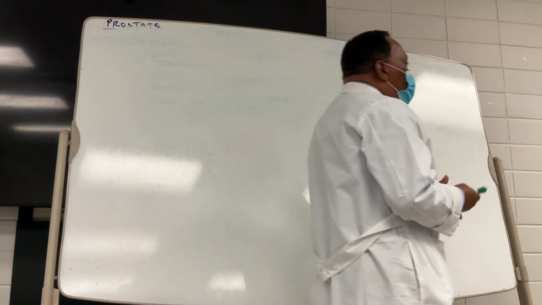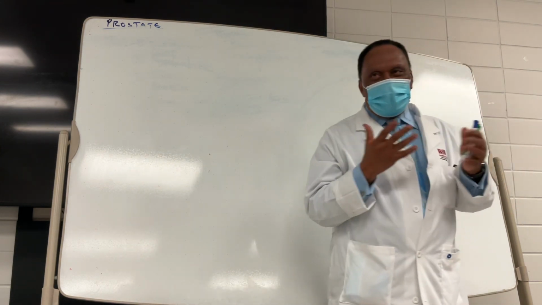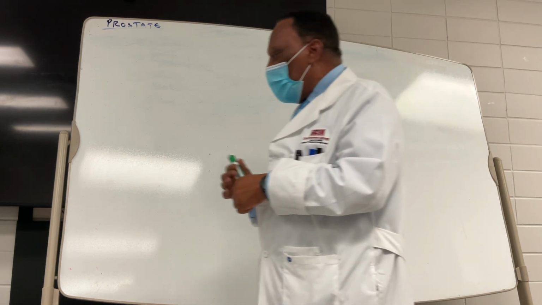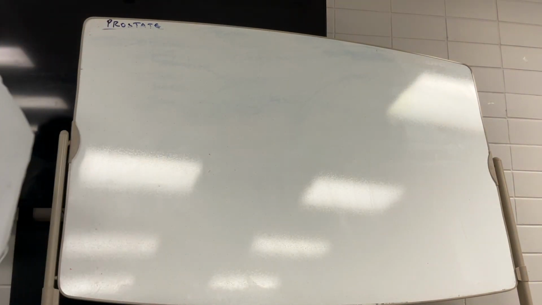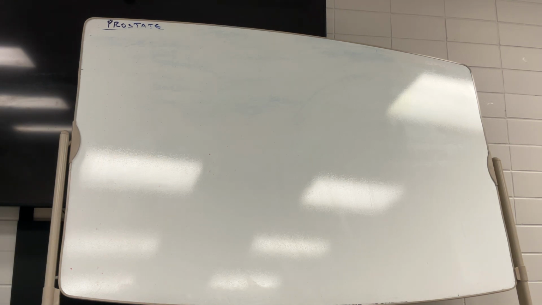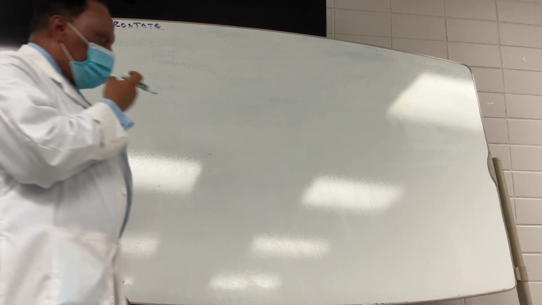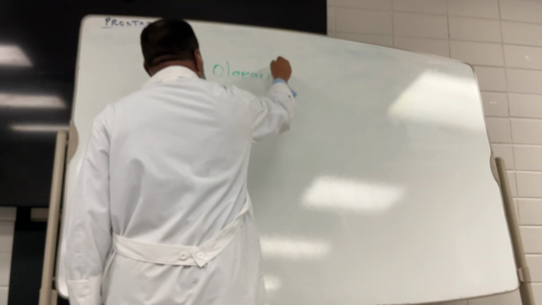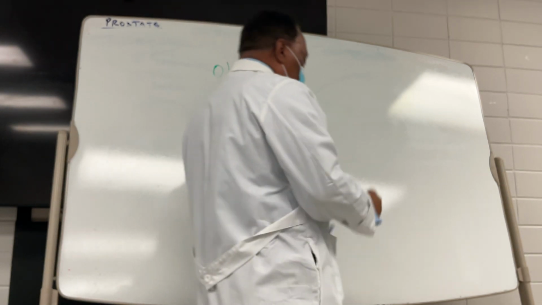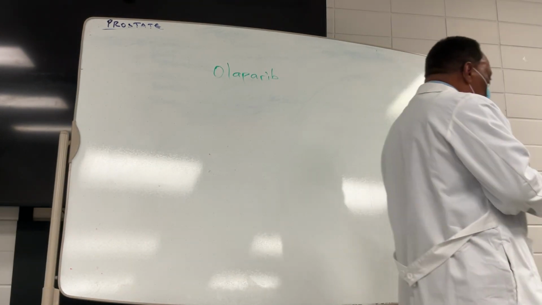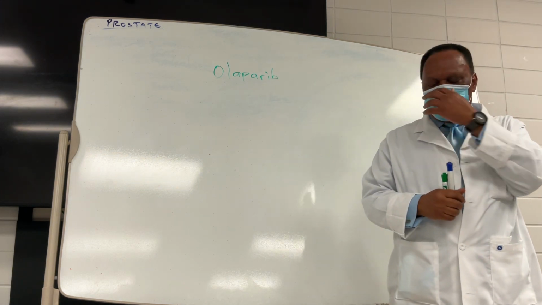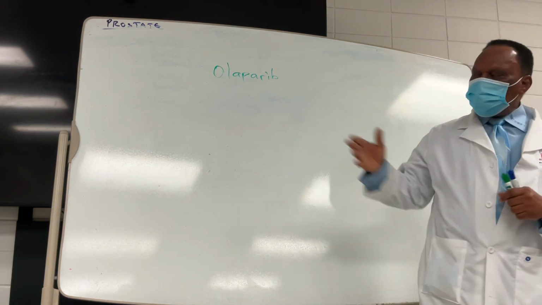You can use hormonal management for drugs. But the first one we've listed there, the PARP, those are ones that we've already discussed many times. Olaparib, we've discussed under breast cancer. So your PARP inhibitors can also be used in prostate cancer.